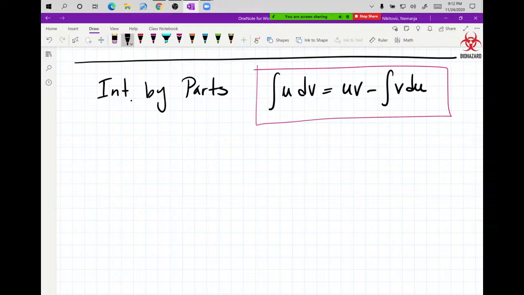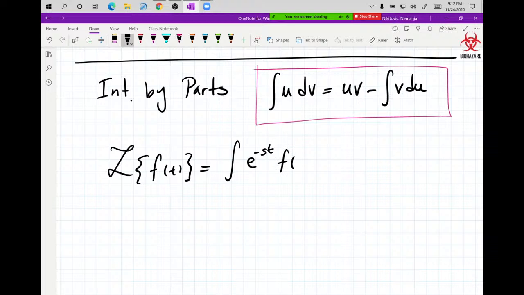Now, integration by parts is used in every forward Laplace transform that you have to do. And you've seen that the Laplace transform of some function f of t was given as the integral going to infinity of e to the negative st times f of t dt.